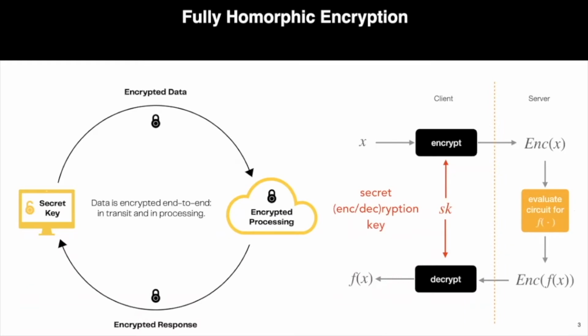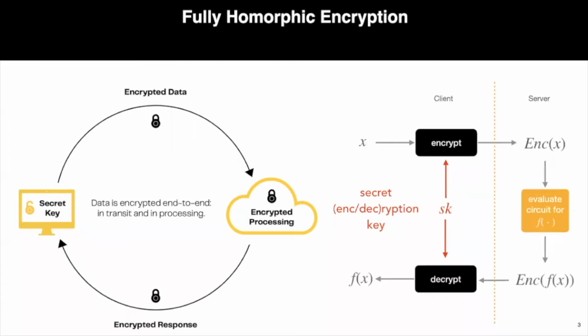So what's FHE? FHE is a very simple principle. You are on your device where you have a secret key. Each time you want to run something outside on a server, you encrypt your data and send this encrypted data outside.